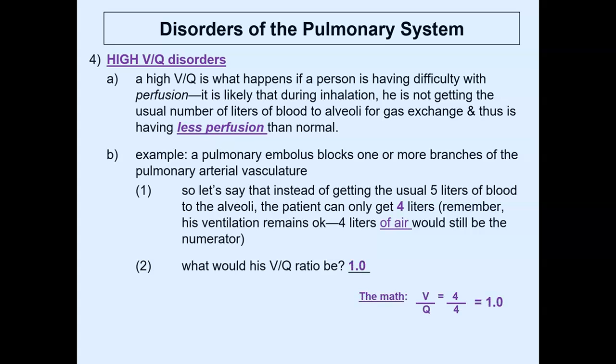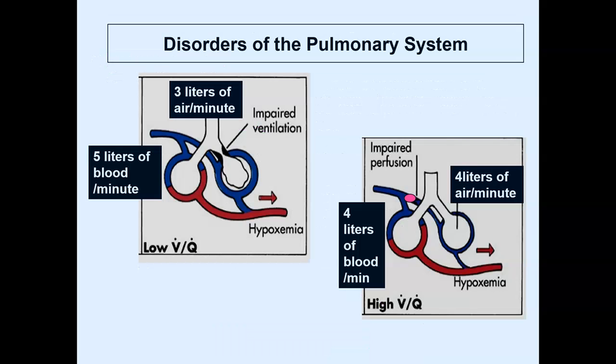When we calculate and plot that out, we see that the normal amount of air is being brought in, so ventilation is normal at 4 liters, perfusion is less at 4 liters, and that gives us a ratio of 1. So that is greater than 0.8. Again, you'll be given the value of the normal VQ ratio, which is 0.8.